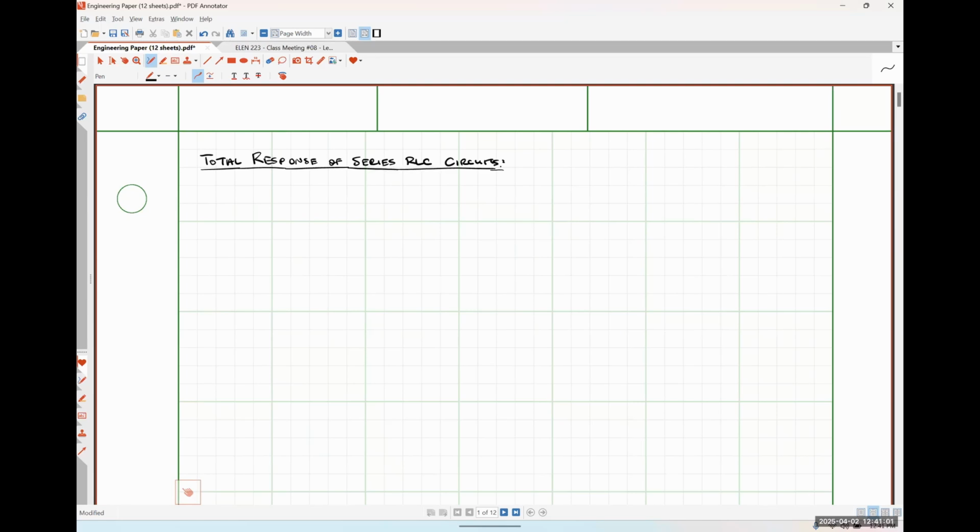Okay, all right, so I'm going to create a system here. I'm trying to think of if I want to use a voltage source or, yeah, let me just use a voltage source for what it's worth.